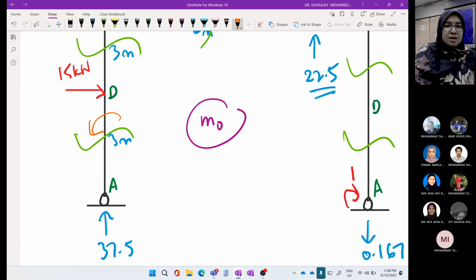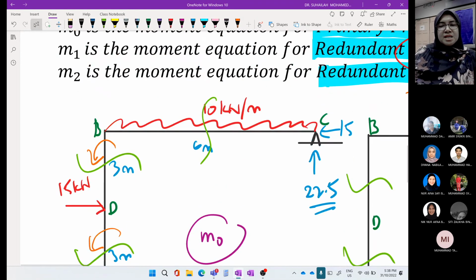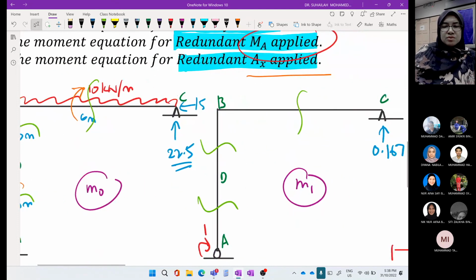Counter. Okay. DB, origin A. Clockwise or counterclockwise? Counter. Okay. BC origin C. Clockwise or counterclockwise? Clockwise. Okay. So same goes to the other systems.